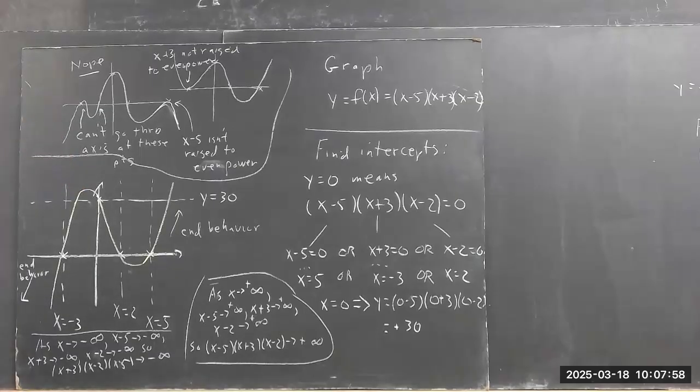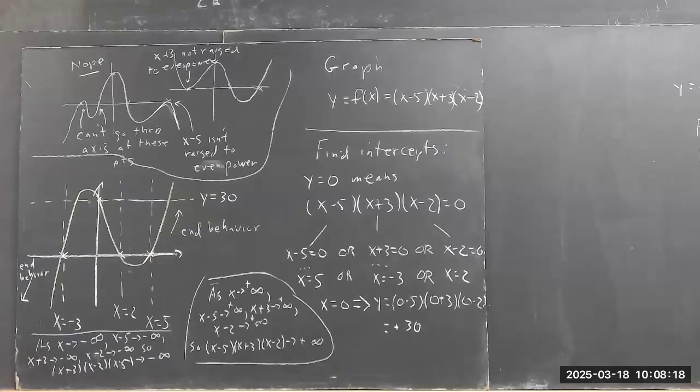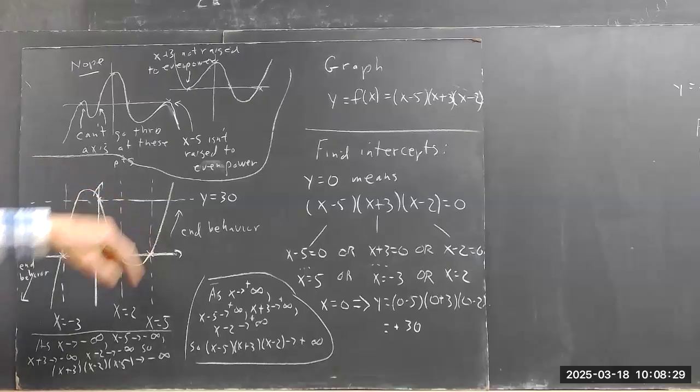You learn that in calculus, and it's actually pretty easy once you learn a little bit of calculus. I could show you how to do it right now. It's that easy, but whether you learn calculus depends on whether you have calculus in your future. If not, then this is sufficient. But you know there's a high point between these two, and a low point between these two.